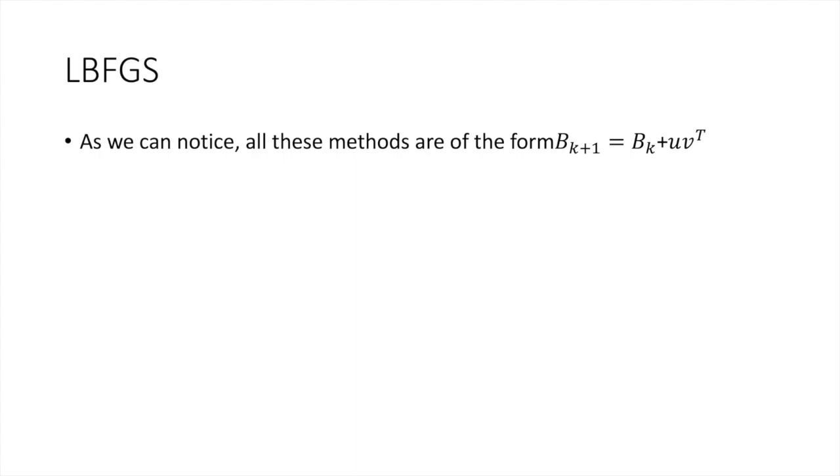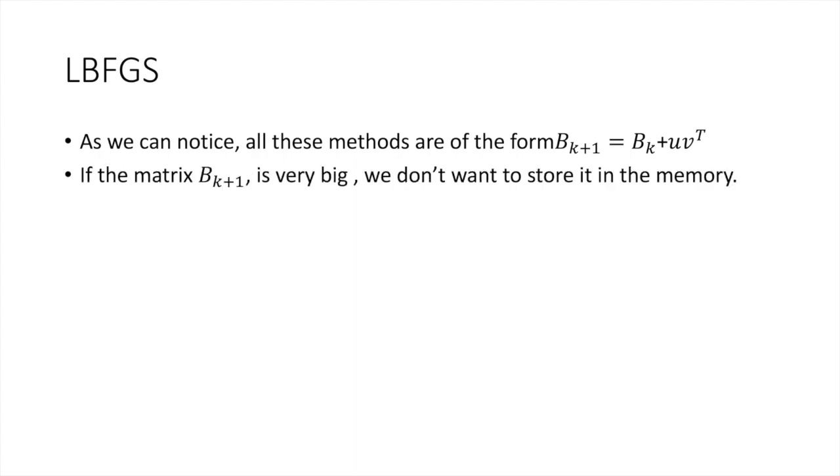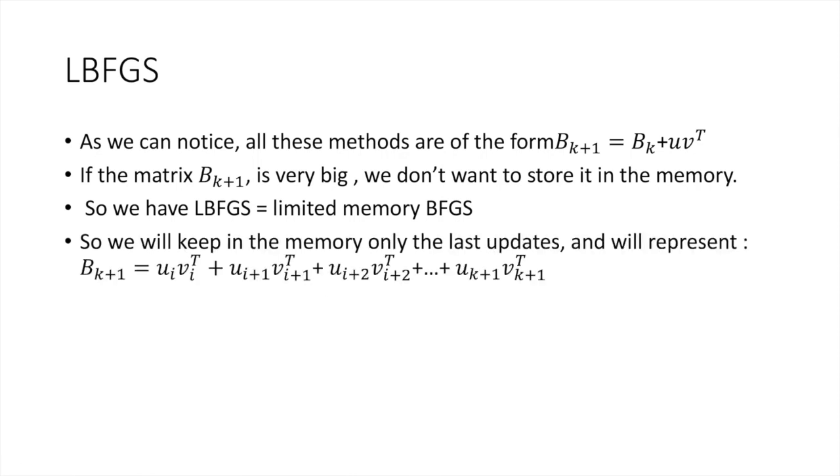Another important algorithm is the LBFGS algorithm. As we can notice, all these methods are of the form b_(k+1) equals b_k plus u v transpose for some vectors u and v. So if the matrix b_(k+1) is very big, we don't want to store it in memory. So we have an algorithm called LBFGS, limited-memory BFGS. It goes as follows.